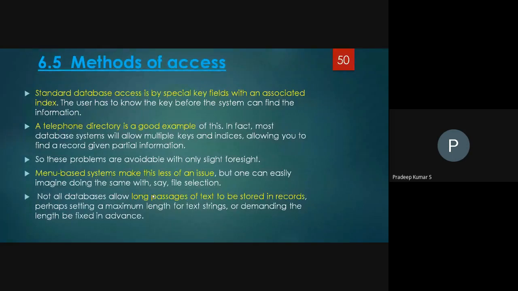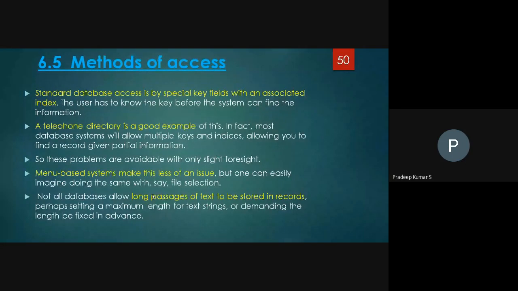Then I don't need to know the file name. I just simply type the title and I can access the data from the memory. So the proper maintenance and arrangement of data in the memory is good, and then only can I access the data. Here the telephone directory method of arrangement is maintained.